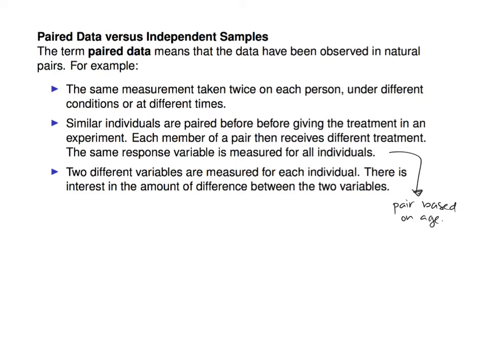You could also take two different variables measured for each individual, and there's an interest in the amount of difference between the two variables. So, for example, we could have measured height and weight, and we care about how those two relate to each other for each person.